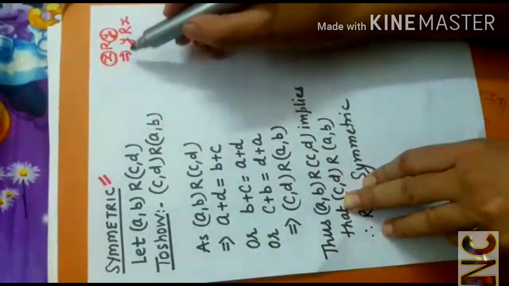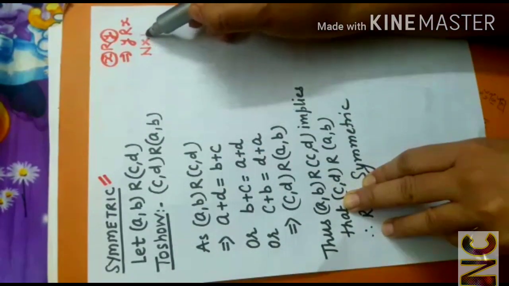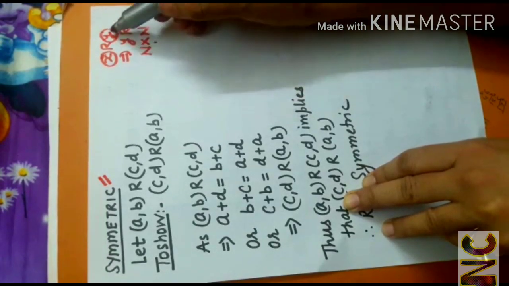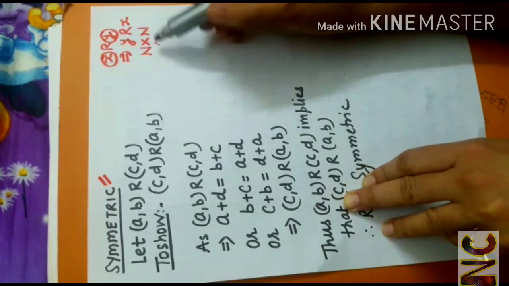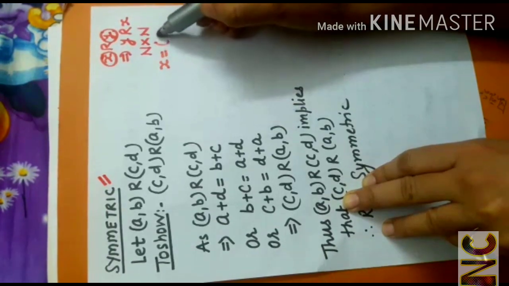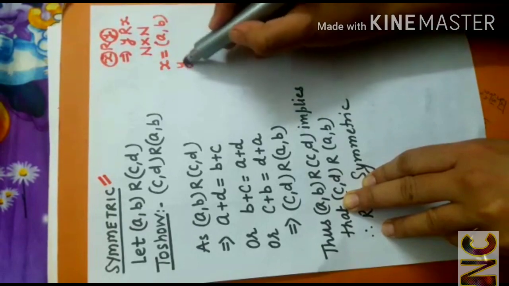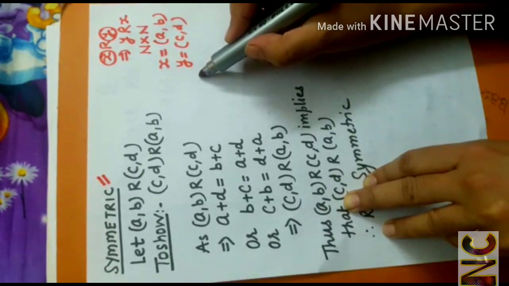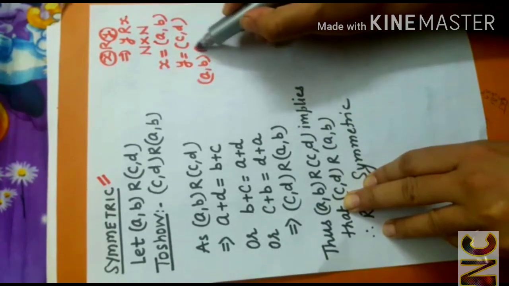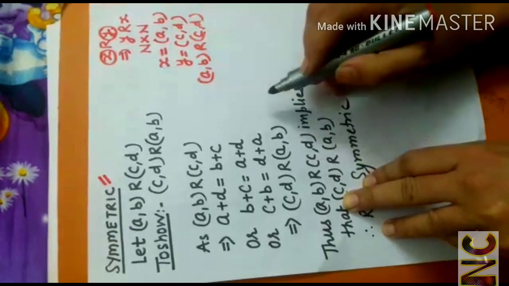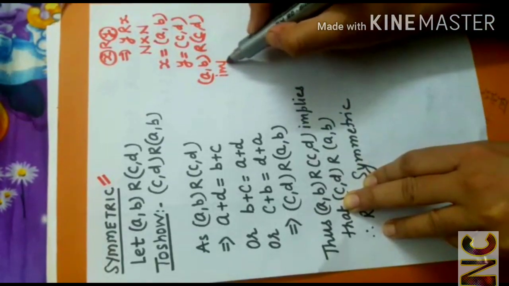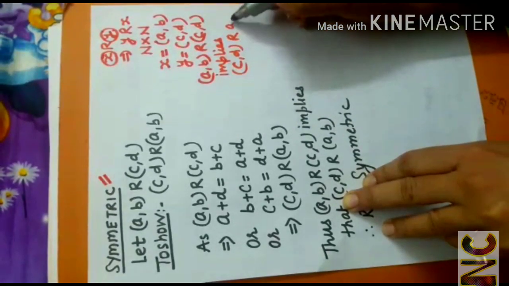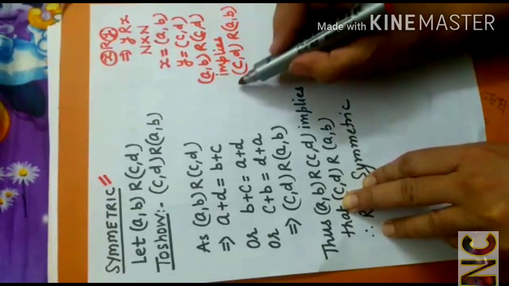In this case, my relation is defined on the set N cross N, so x and y should both belong to N cross N. So let x be (a, b) and y be (c, d). I have to show that if (a, b) is related to (c, d), then (c, d) is related to (a, b). This I need to show.